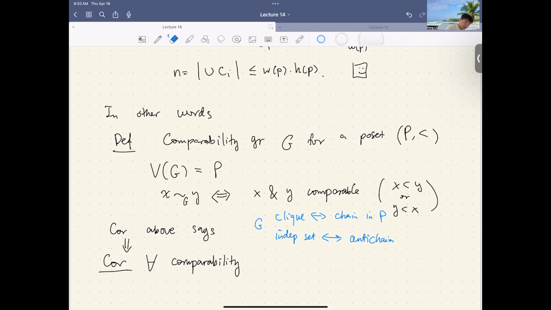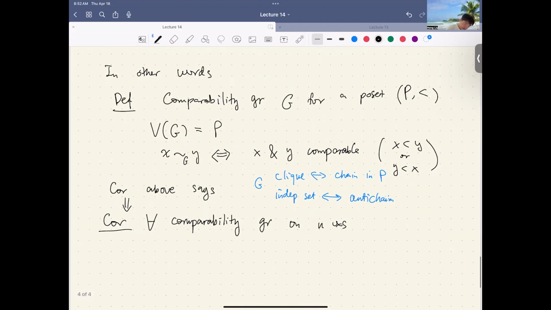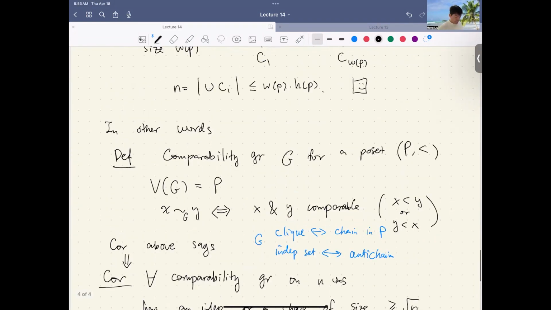So any comparability graph on n vertices has an independent set or a clique of size at least square root n. And this is tight.